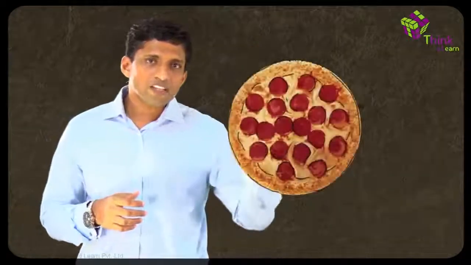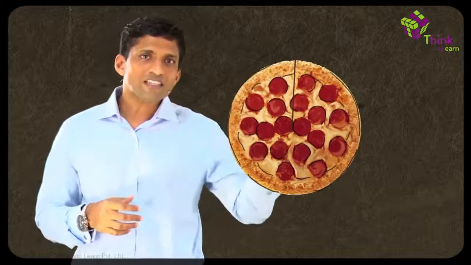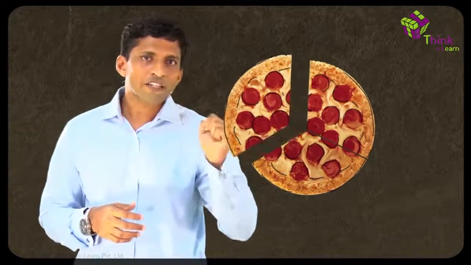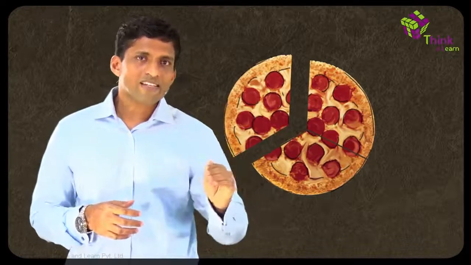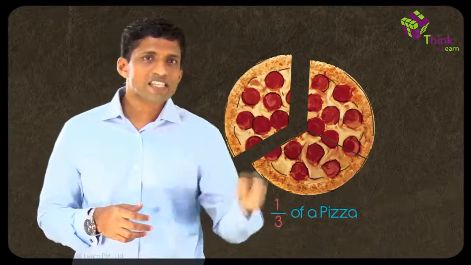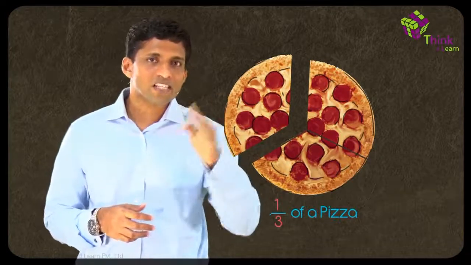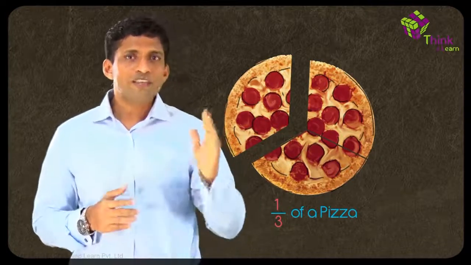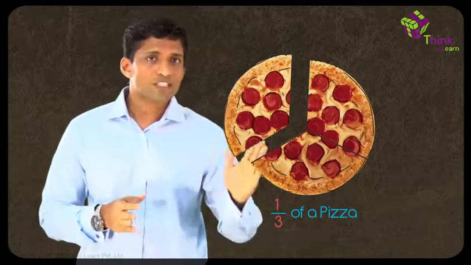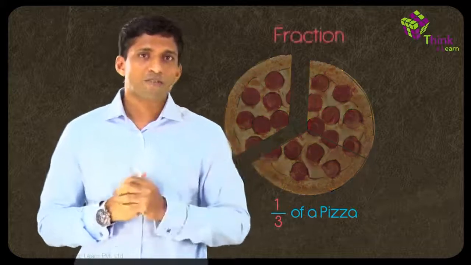If there is a pizza like this, if I cut this into 3 pieces, and if I take one part of it, I can write this as 1 by 3 of a pizza. So it is considered as a single number. 1 by 3 is considered together. So we treat this as a single number, 1 by 3 of a pizza. So this is a fraction.